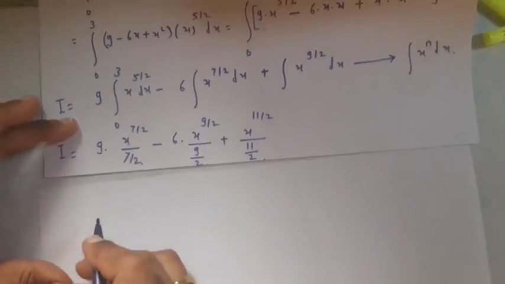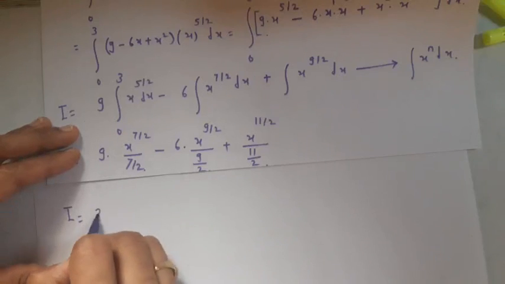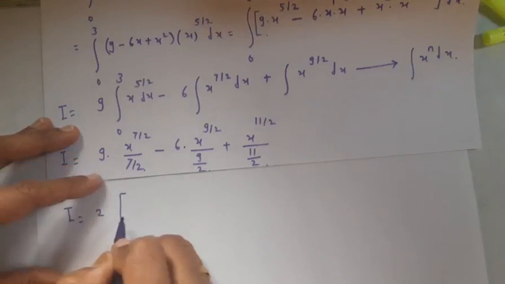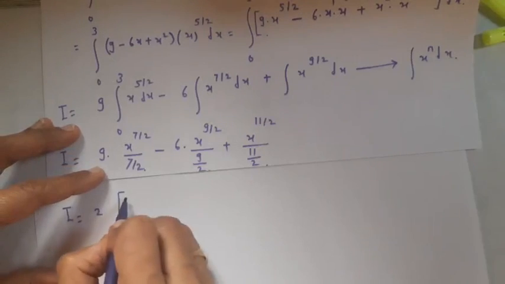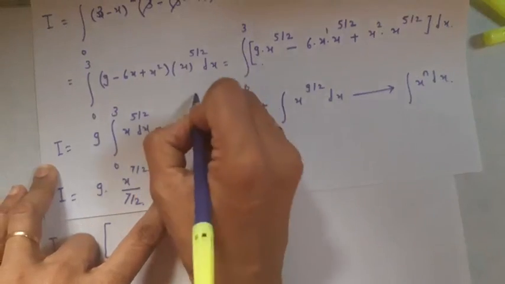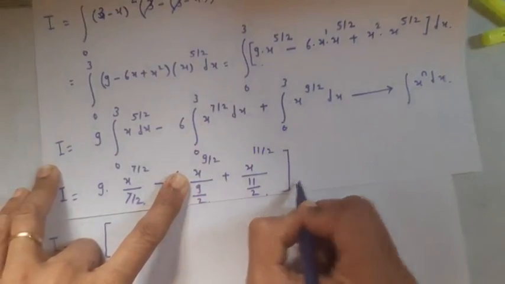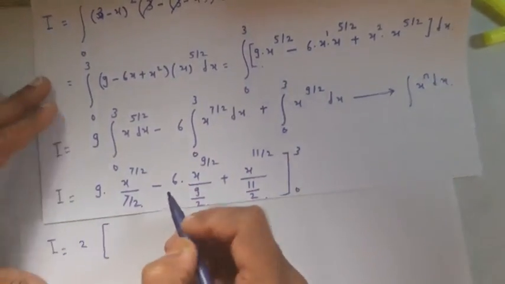So this integration I equals 2 multiplied, common out 2, and this is 9 by 7. See here, limits of integration 0 to 3 everywhere, okay.